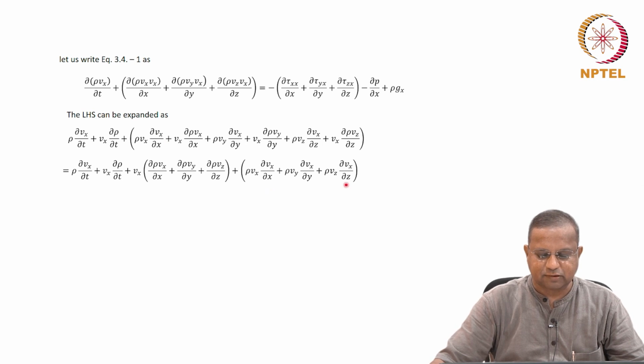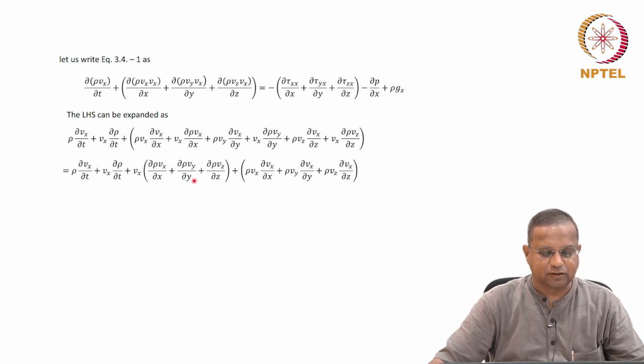The remaining terms we combine to ρVx ∂Vx/∂x plus ρVy ∂Vx/∂y plus ρVz ∂Vx/∂z. So that gets combined into this term.